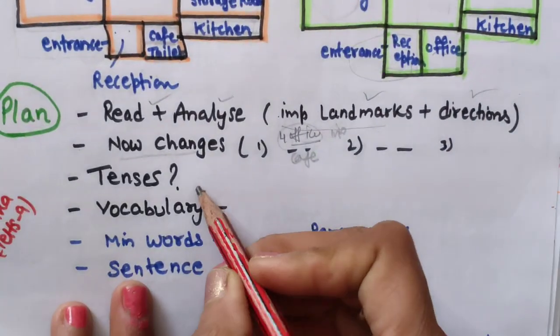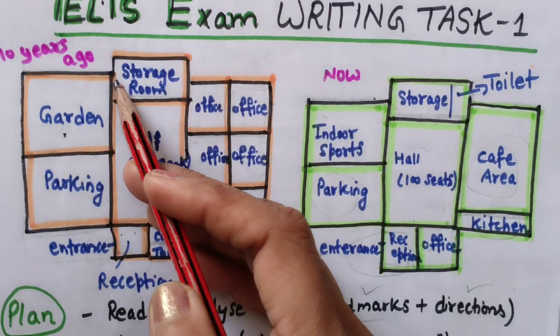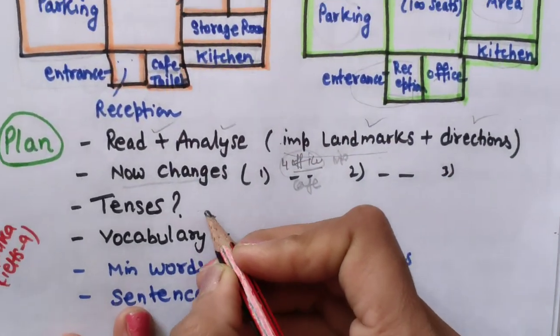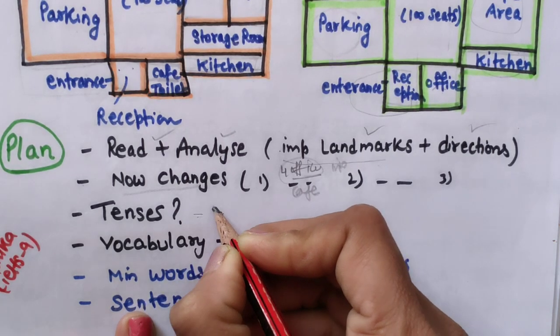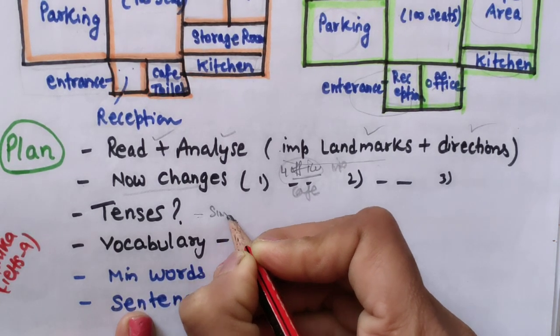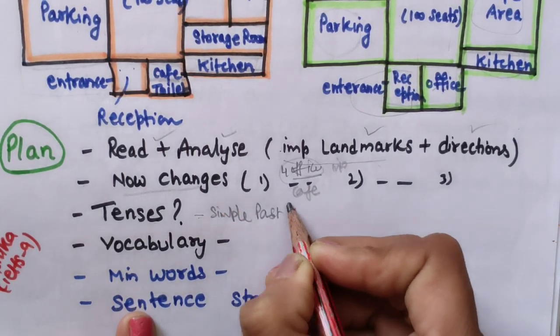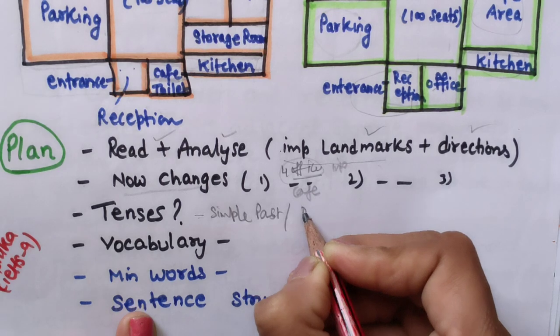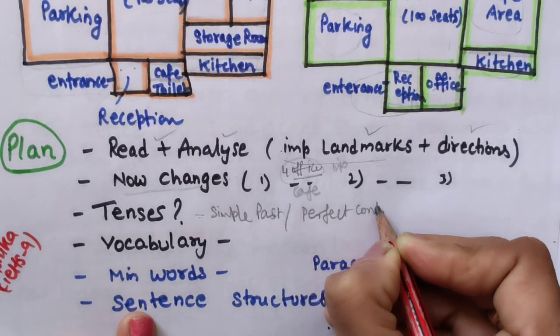Now what tenses are you going to use? 10 years ago means past tense, but within the past you should know that you can first use simple past tense, and also perfect tense and perfect continuous tense.